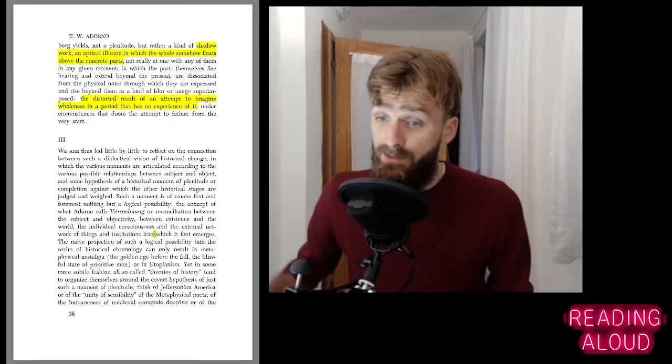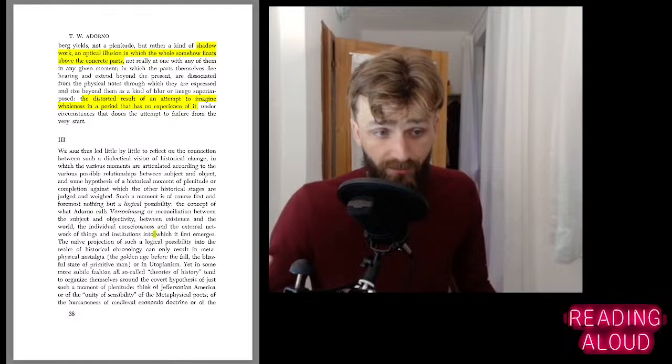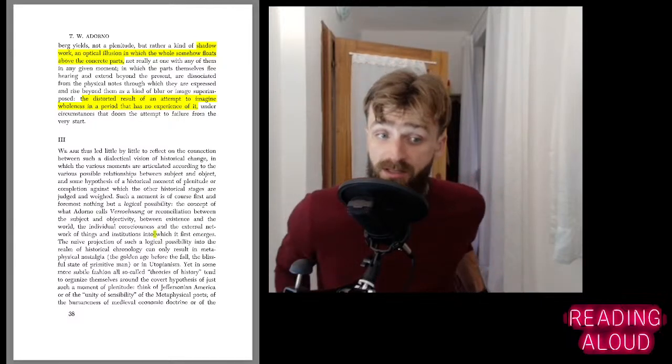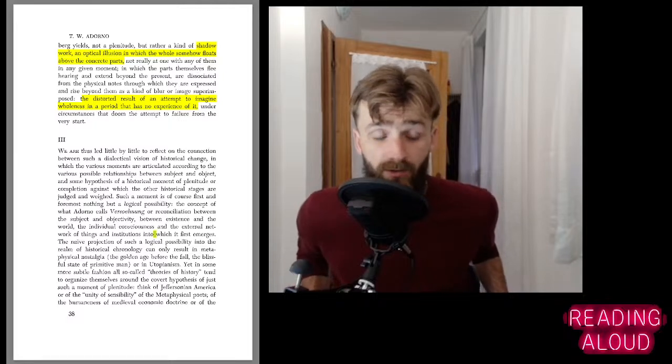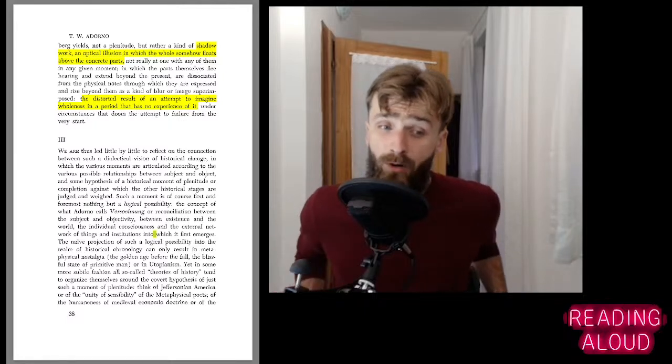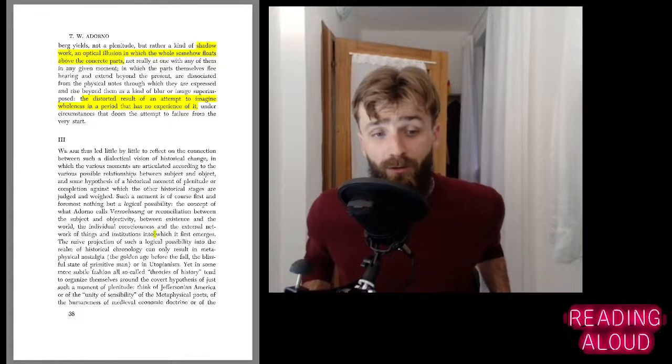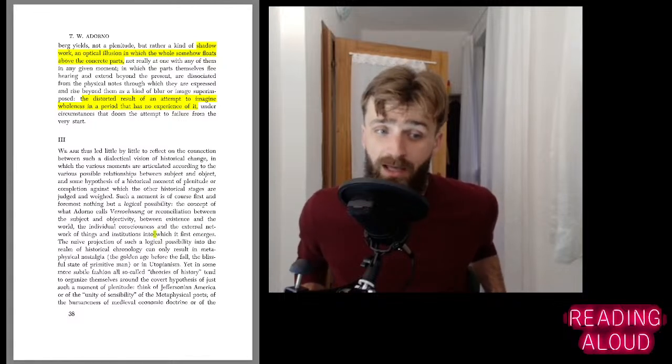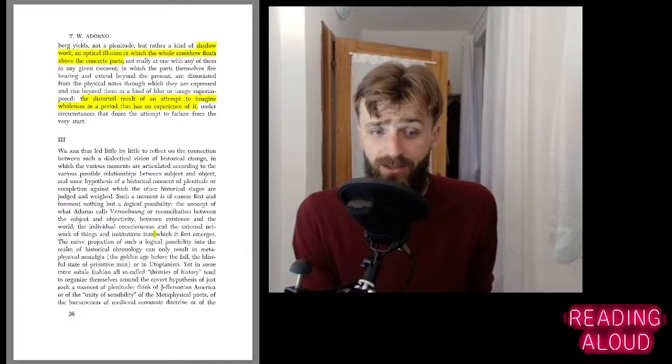We are thus led little by little to reflect on the connection between such a dialectical vision of historical change, in which the various moments are articulated according to the various possible relations between subject and object, and some hypothesis of a historical moment of plenitude or completion against which the other historical stages are judged and weighed.